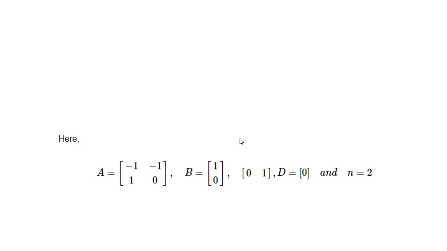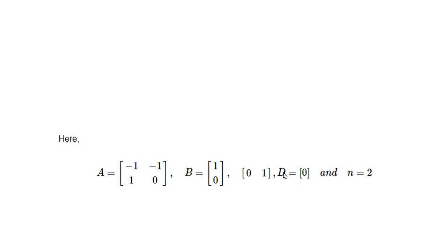Now, as I discussed earlier, A is equal to minus 1 minus 1 1 0, this matrix, B is 1 0, and C is 0 1. Please correct in your notes, just write C is equal to 0 1.